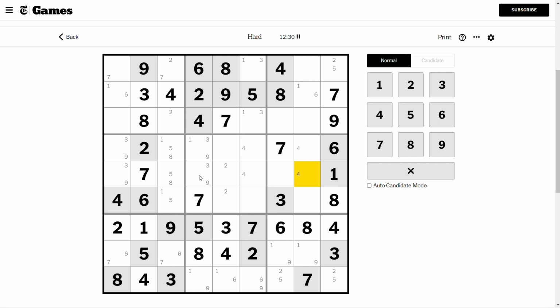So that's why we have to keep 3 and 9 into these 2 cells. And therefore, 3s and 9s are eliminated from all other open cells in the same row. So that's the other way a pair or triple would work. So bear in mind.